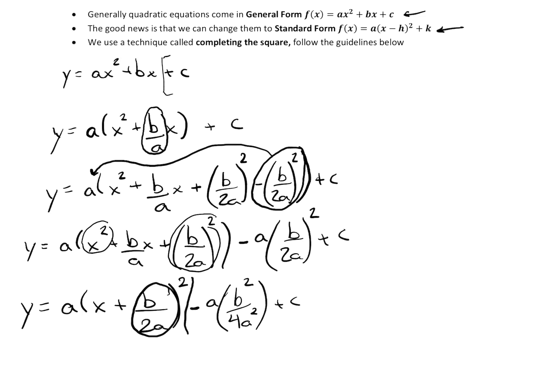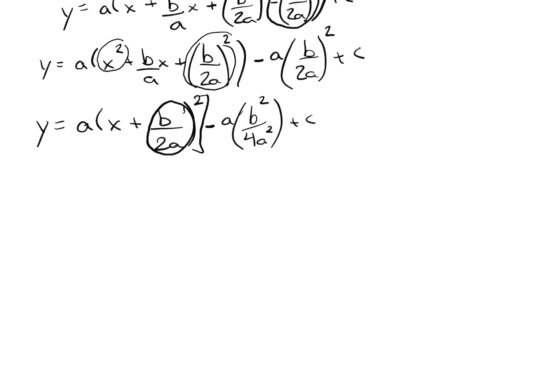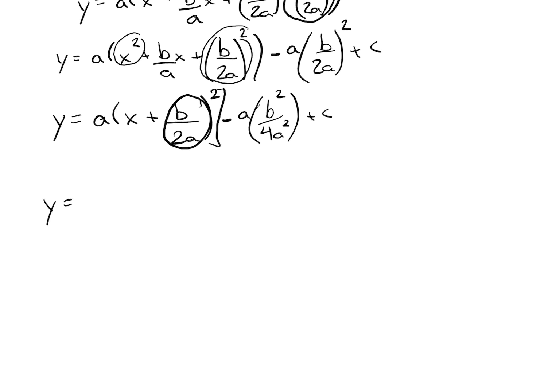And so there's brackets here, which then works out completely to a times x plus b over 2a all squared minus, now this a cancels with the squared, so b squared over 4a plus c. Now that doesn't mean a lot to many people, but that is where this equation comes from, and that is what we're going to do every time we complete the square.